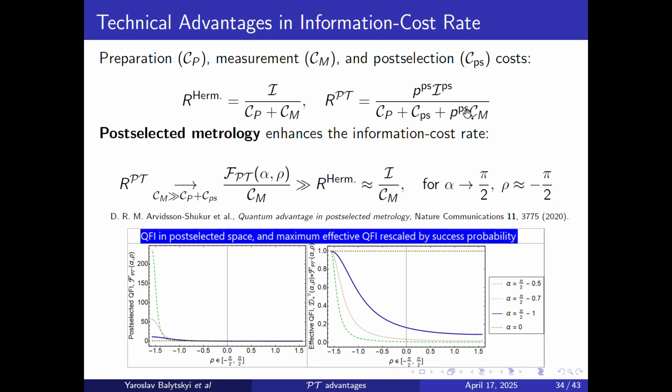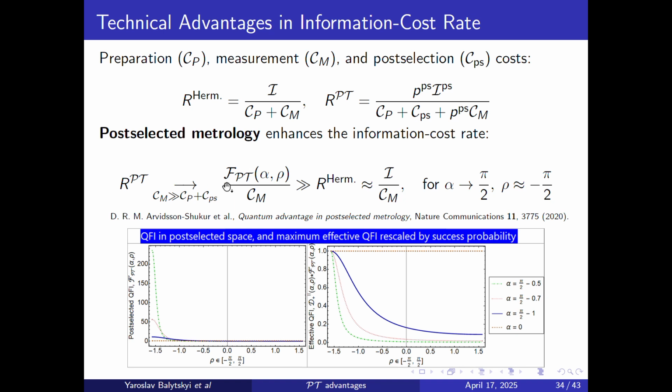Sometimes you skip some measurements. So if some measurements fail, you just skip them. You don't measure them. And as was shown in this paper, post-selected metrology actually enhances the information cost rate when the cost of measurement is much greater than everything else.